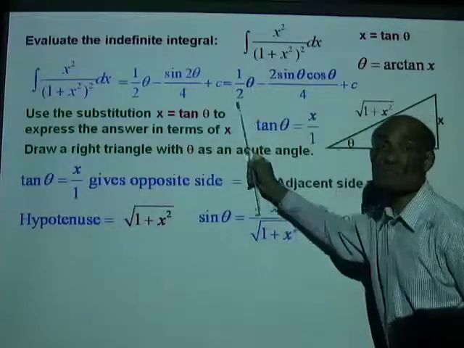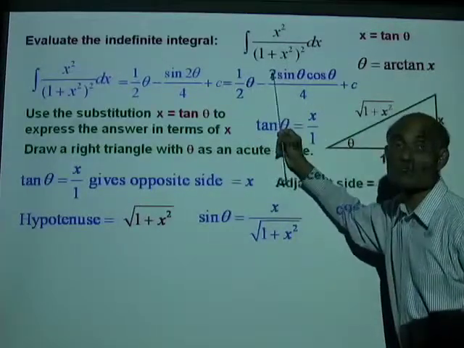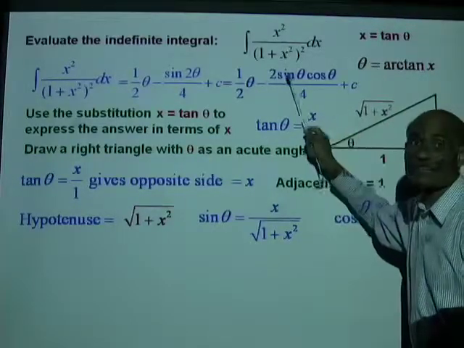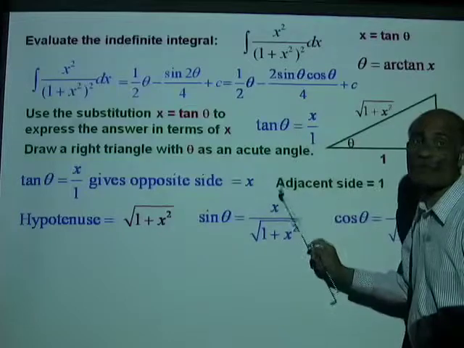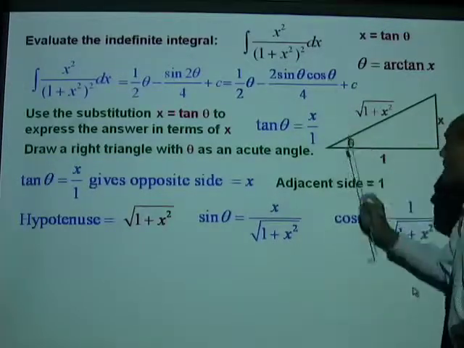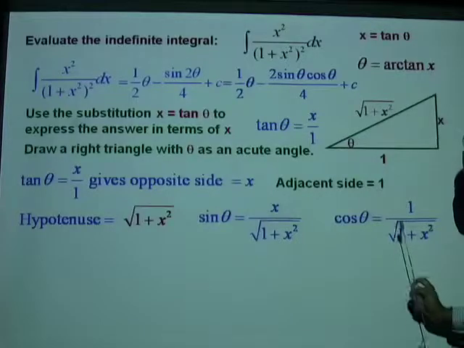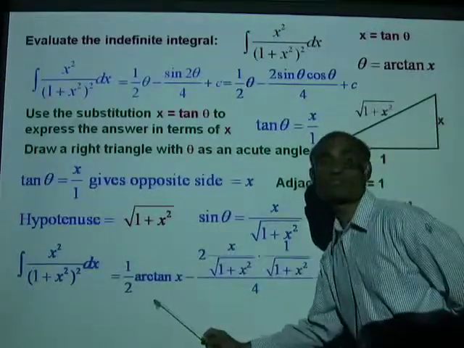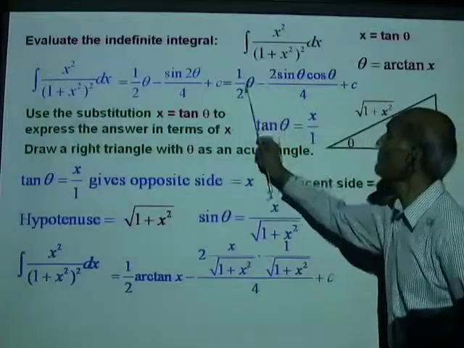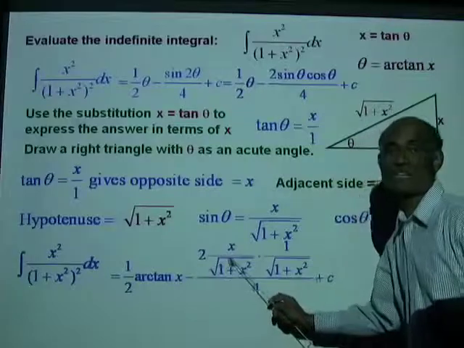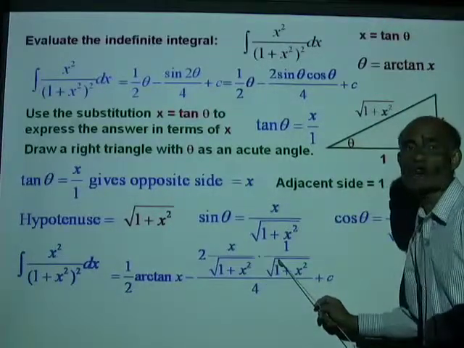So, in the results that we obtained in terms of theta, we replace theta by arctan x, replace sine theta by x over the square root of 1 plus x squared, replace cos theta by 1 over the square root of 1 plus x squared, and that gives you this result: 1/2 of theta, 1/2 arctan x, minus sine theta cos theta.